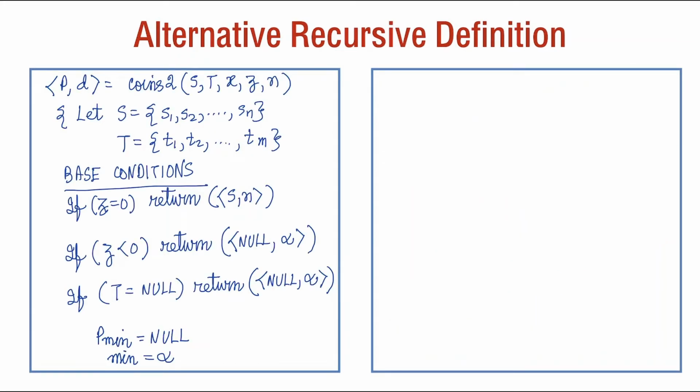Instead of trying to look at it by only one method of recursive definition, we are now trying to look at another way of developing a recursive definition. And this new recursive condition will be based on the inclusion exclusion principle.